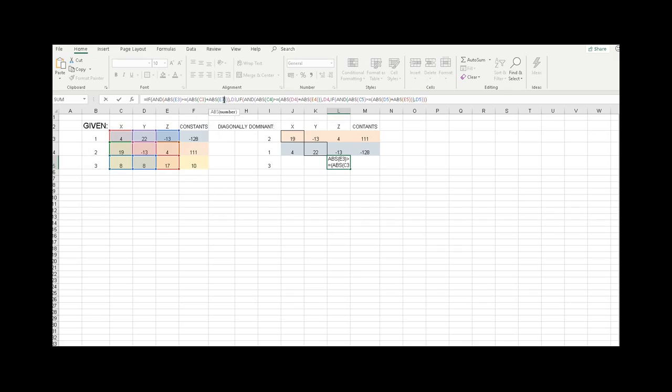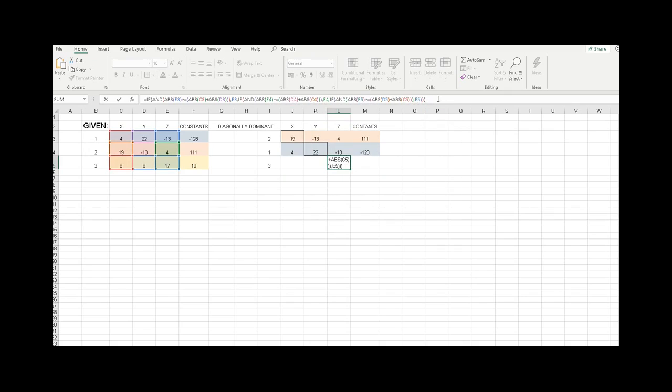So we have C3, let's change E3 to D3. Then the output should also be E, since we're checking if the Z element is the dominant one. And let's do that with the other segments.